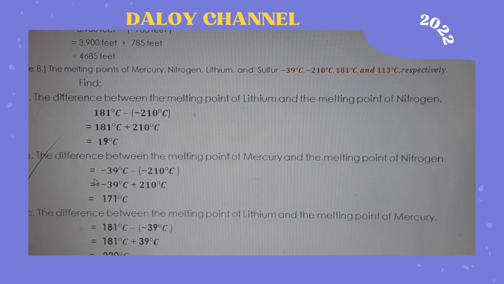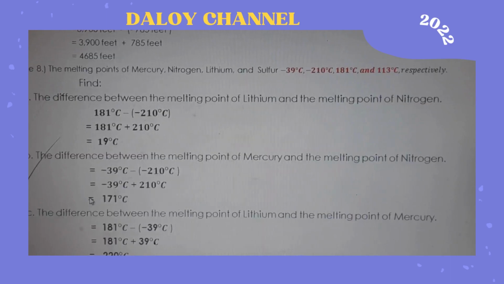So our statement is negative 39 degrees Celsius plus 210 degrees Celsius. Finding the difference between 210 and 39, the final answer is positive 171 degrees Celsius.